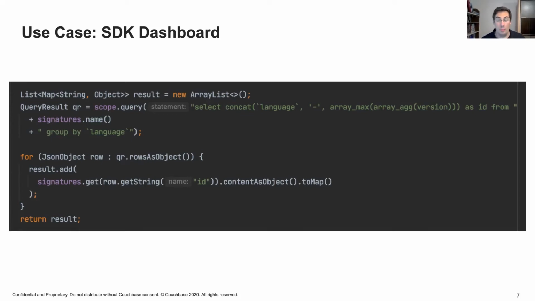And now, because we want to turn the version into an ID we can then fetch from the KV store, we'll use the concat operation to combine the language, then a dash, and then the version, which will return something like Java-307, right? And then we'll have a stream of newest versions.